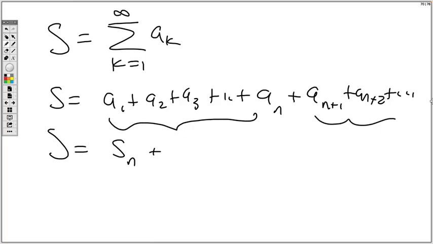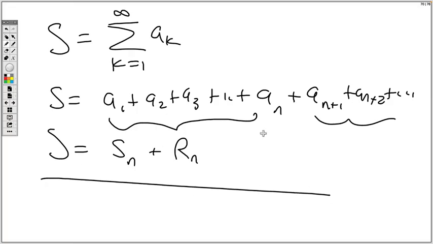And then the sum of the rest is what we've been calling the remainder. You follow? Now, in the case of our alternating series, your remainder is going to look something like this.